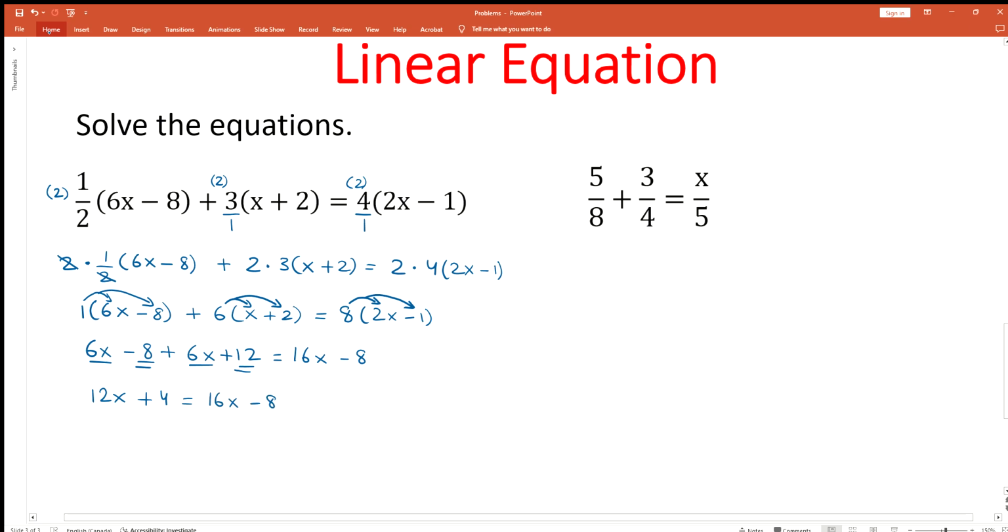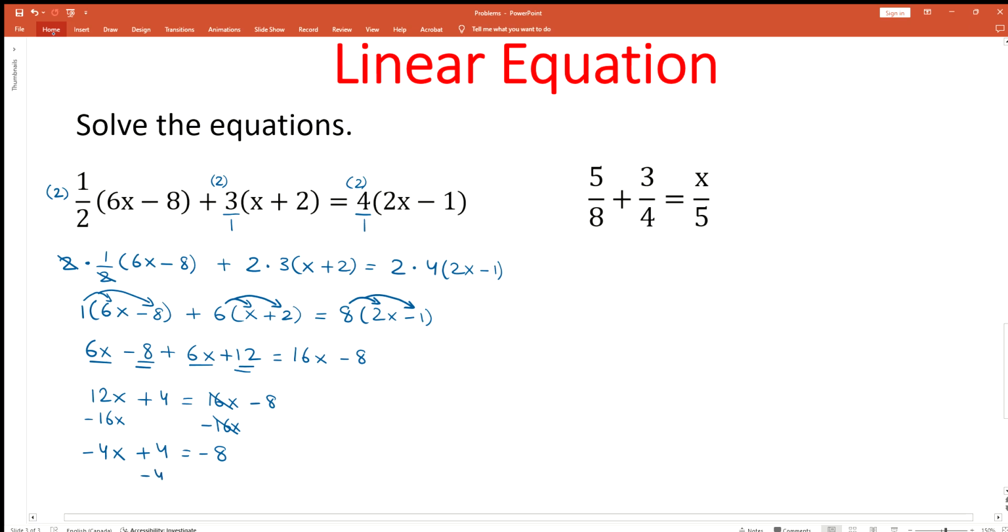Next, we can gather and combine x terms on the left side of the equation. We should subtract 16x from both sides. 12x minus 16x is equal to negative 4x. In this step, 4 and negative 8 are like terms. We can gather and combine the number terms on the right side of the equation.